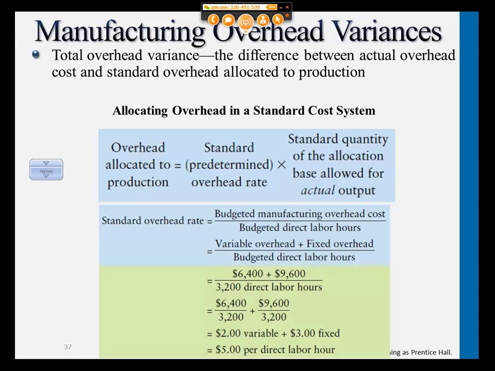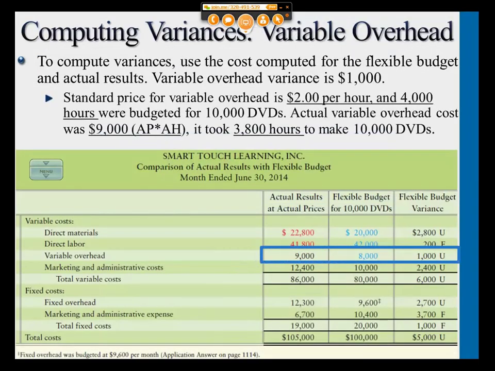We can put that information together and see that our standard overhead rate is $5 per direct labor hour. So we have a component that's variable, and a component that's fixed. Put them together, we get the standard overhead rate at $5 per direct labor hour. So what do we do next? We can now compute variances.